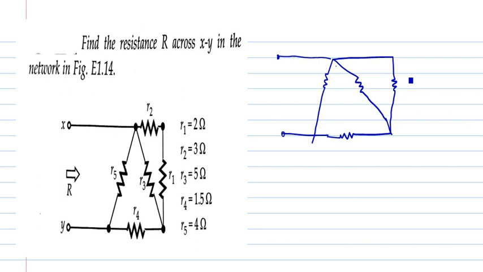Now we add R2 and R1, that is 3 plus 2, which equals 5 ohm. And here R3 is equal to 5 ohm, R5 is equal to 4 ohm, and R4 is equal to 1.5 ohm.